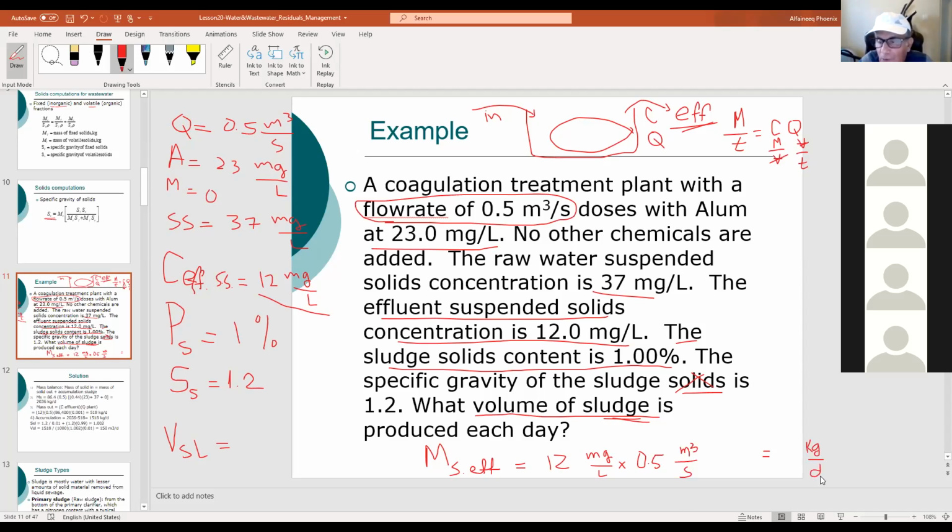Let's see how to convert that. This is milligram, you need kilograms. So what you're gonna do here? Multiply by what? 10 to the 6? Okay, milligram to gram, 1,000, right?